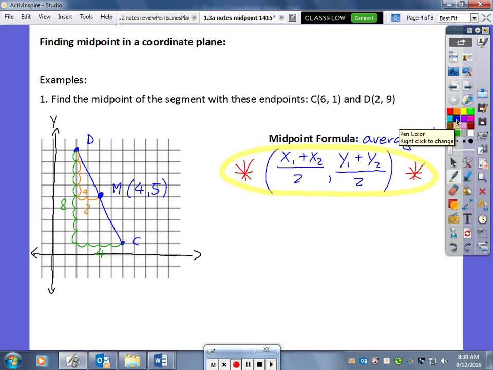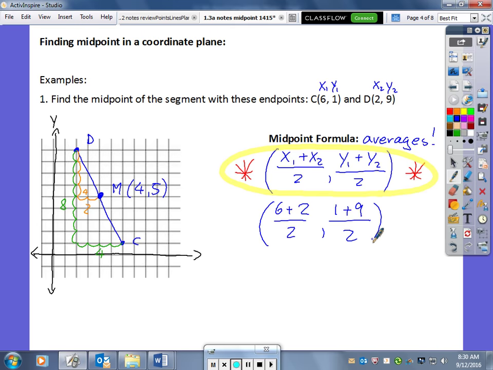So going back to our example and using the formula with our example, let's just mark our coordinates here that we have. This is x1, x2, y1, and y2. And we're going to go ahead now and plug those numbers into the formula. 6 plus 2 divided by 2, that's going to be the x-coordinate, and 1 plus 9 divided by 2 is going to be the y-coordinate.